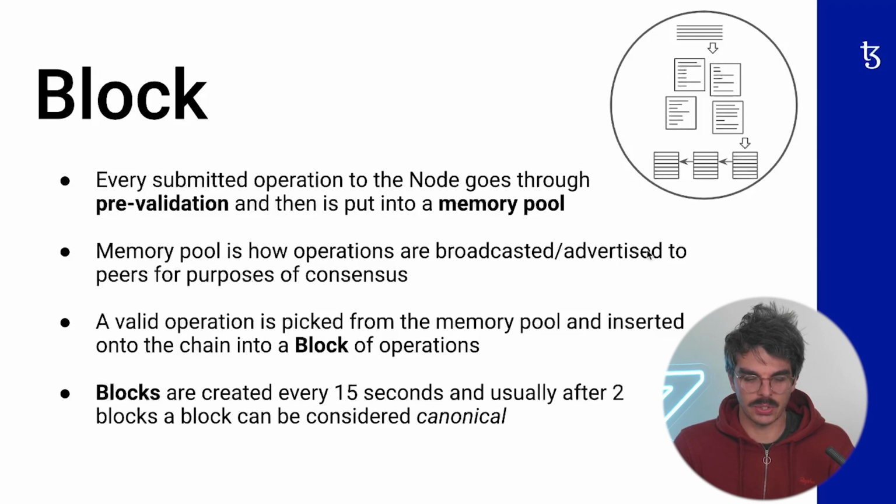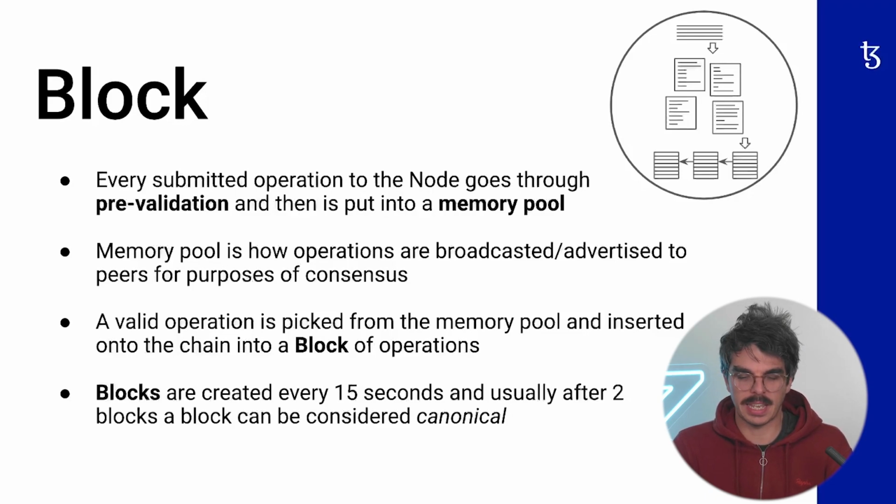And then going to bullet point 3, a valid operation is picked from the mempool and inserted onto the chain in a block of operations. And this final point is where it becomes pertinent to us really as dApp developers: blocks are only created every 15 seconds. And it usually takes 2 blocks before a block can be considered canonical.